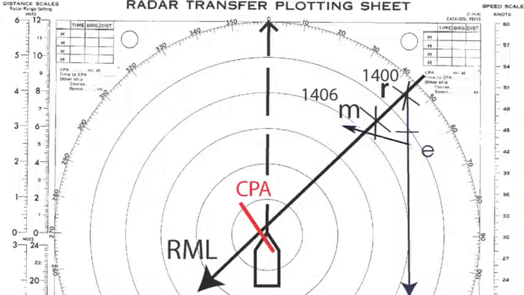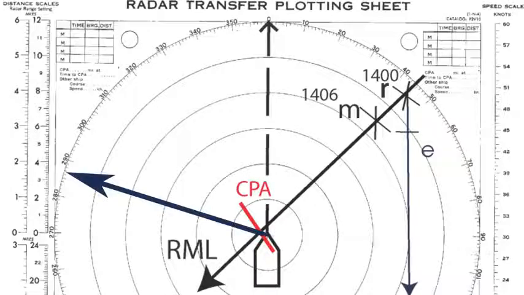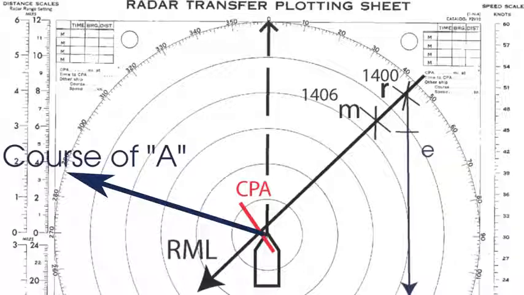I take that line and I bring it back down to the center so I can actually read what that course is. I take it to the center of the plotting sheet and make a little mark out here, and I can say that this is the course of target A if I wanted to. And we can establish what that course is. So his true course is 286.